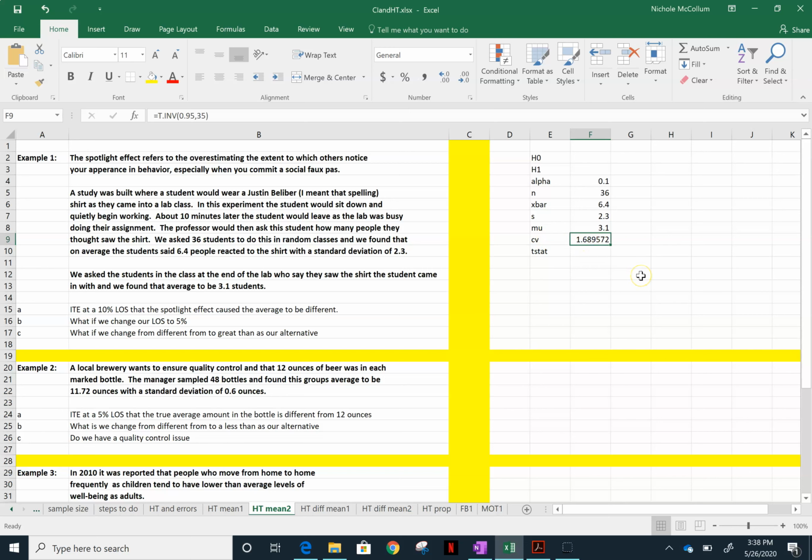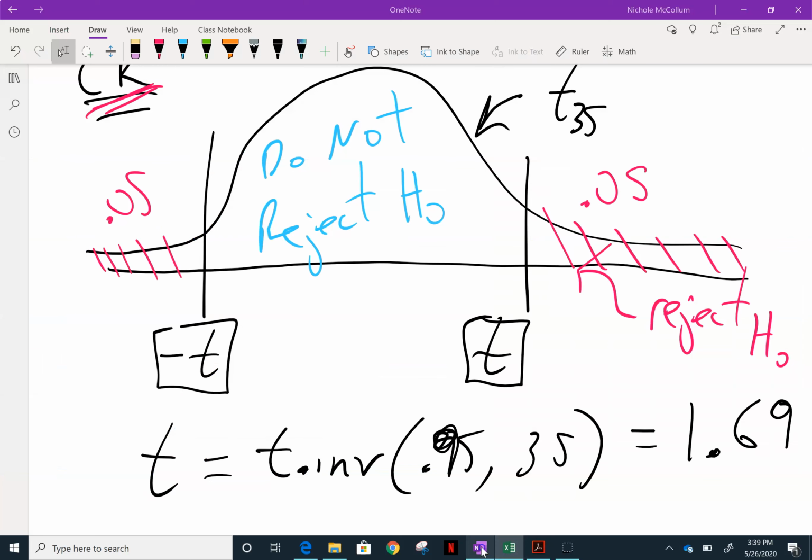Let me highlight the code again so you can pause it if you want to take a look at it. I am using t.inverse. The t, for the obvious reason, is the t-curve. The inverse because that's how you find critical values. If you tell me the area below the critical value, I'll find the t-value. In that case, the critical value here is 1.69.